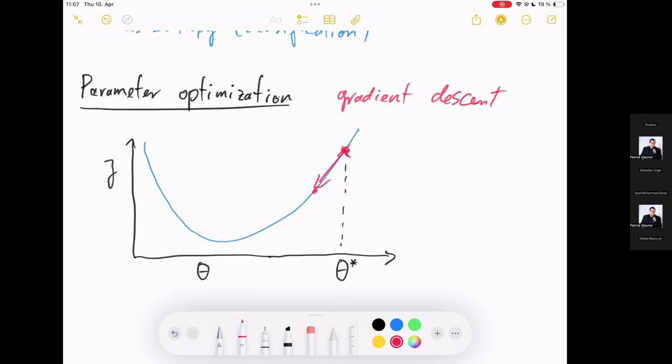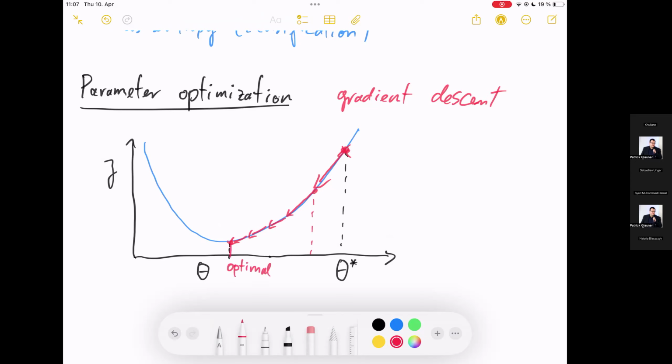And then I'm here. So I've reduced the error and I have a new value for theta. And then I keep doing this again with some step size until I converge. And when I'm converged, that means my error is only changing very, very little, under some threshold. I'm stopping. And then I have found my value here for theta, which is the optimal value.